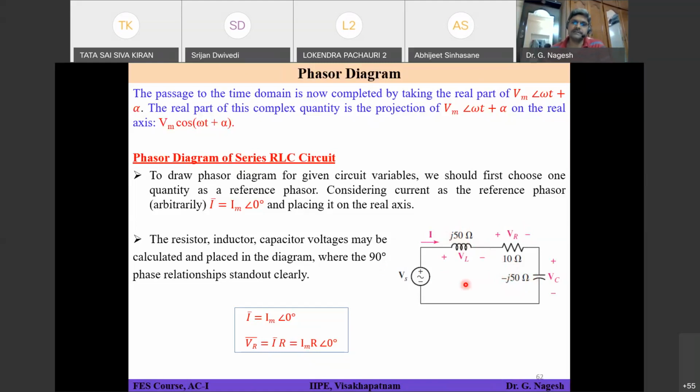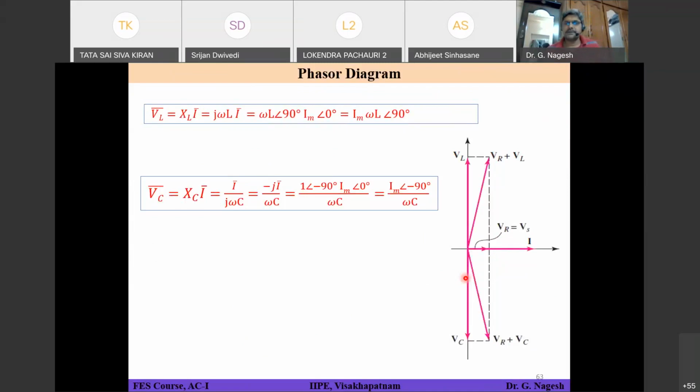If you add these two voltages VR and VL, it will come in between these two, and VR plus VC will come here. So in this scenario, since the inductive reactance and capacitive reactance are equal in value, that's the reason why you have got VR equal to VS.